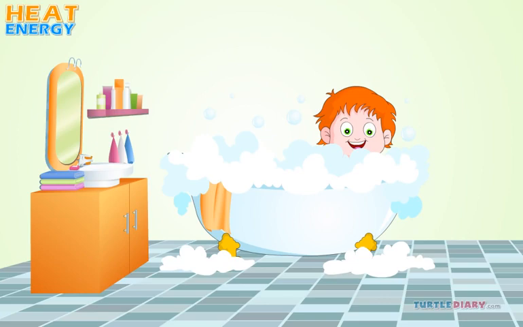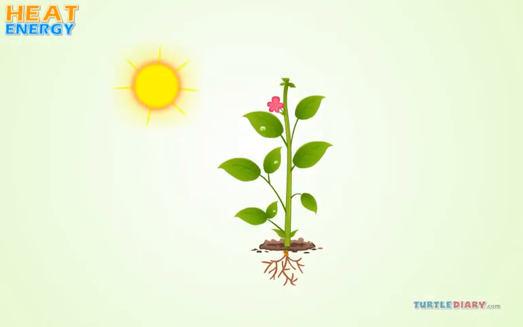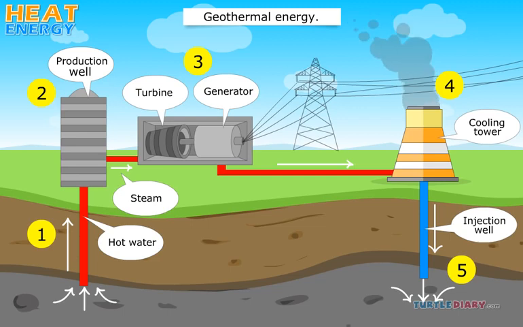Heat energy is also used by plants to make food for themselves. In some places, there are hot sources of water found deep within the earth. These can be used as a source of electricity. When hot water is used to make electricity, this is called geothermal energy.